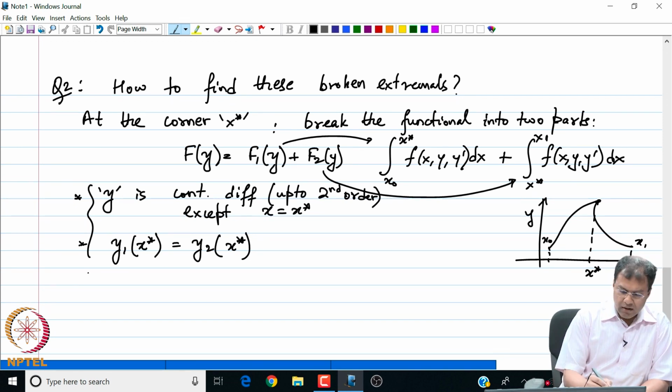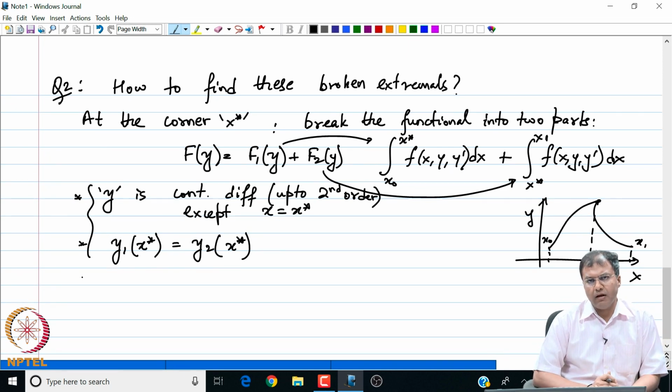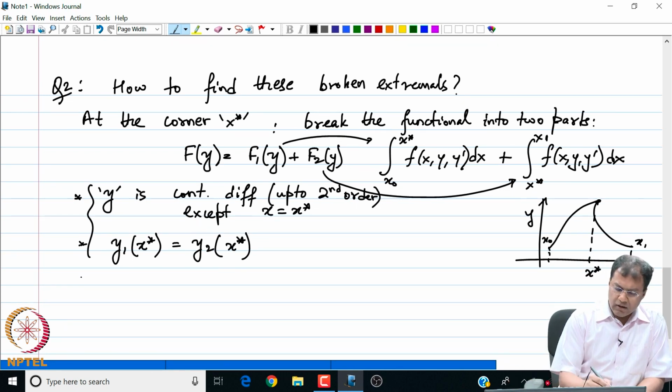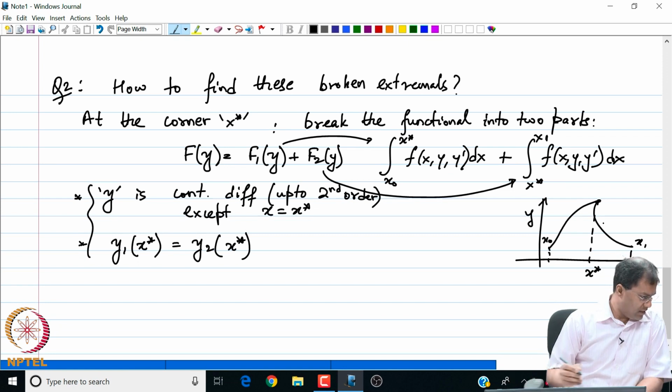Since we are following a similar strategy of finding Euler-Lagrange, we have to set up the first variation, which we do by perturbing the function. The question is, what happens to these corner points during perturbation? It turns out that we can also change the corner points while perturbing our extremal and finding the variation in the functional.